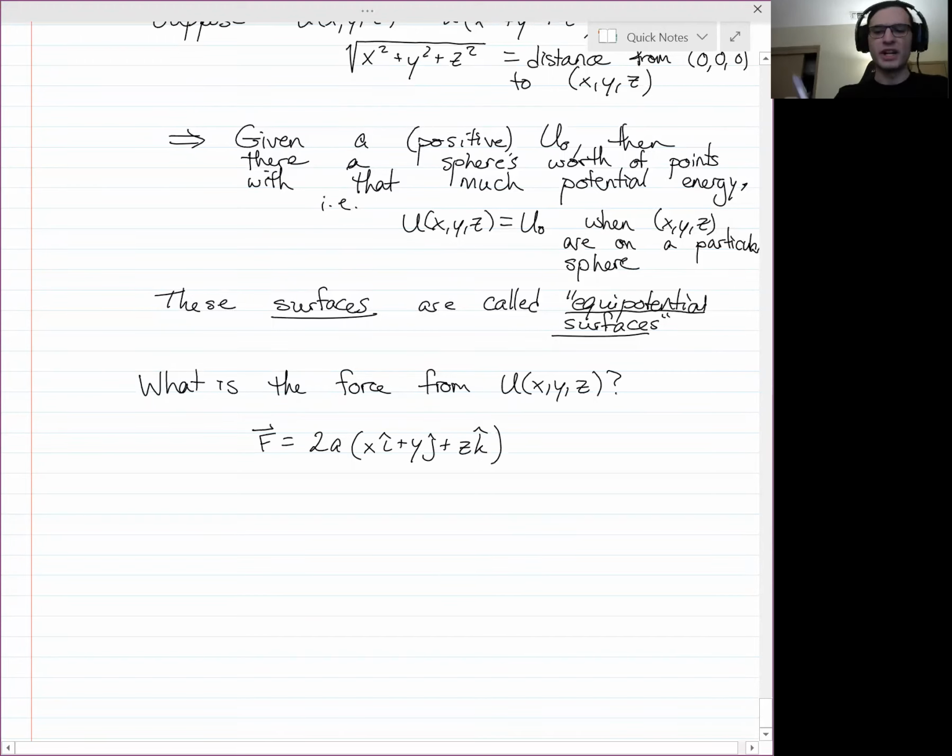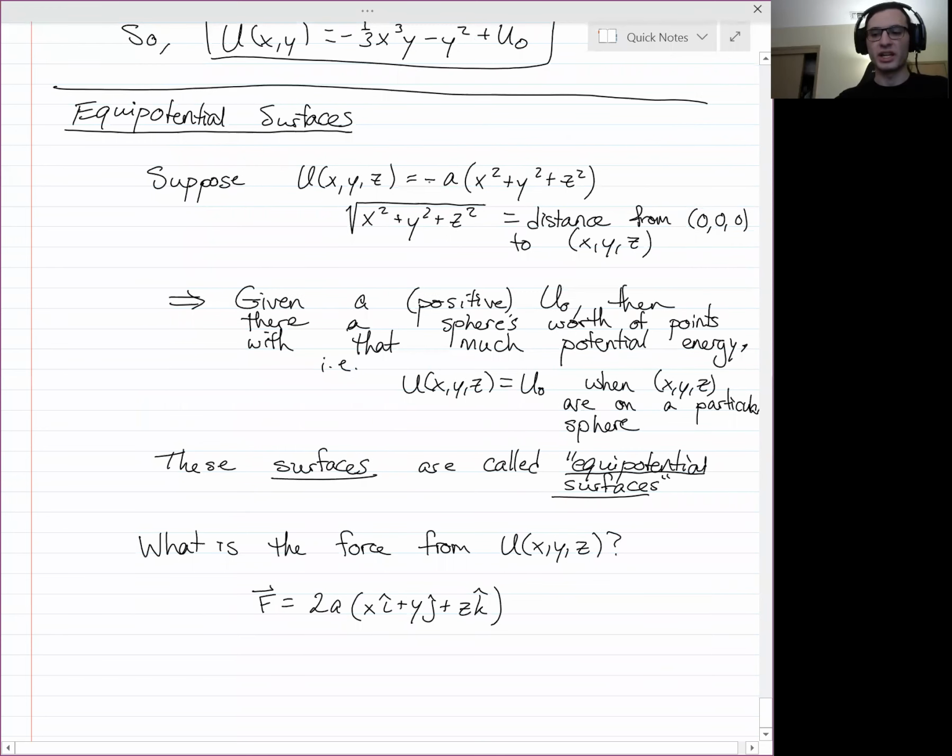That should be fairly clear. The negative sign goes away because you have to stick a negative sign in front when you take the partial derivatives. The a is just sitting there, and then you have 2x, 2y, and 2z because you're taking the derivative of x squared, y squared, and z squared with respect to x, y, and z, respectively.